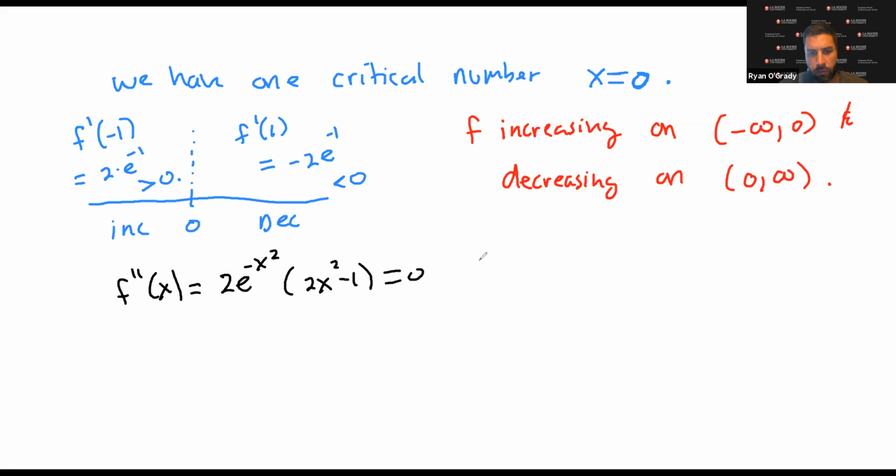This equals 0 when x equals plus or minus, solving this, 1 over the square root of 2. So we can make a sign chart for that: -1 over root 2, positive 1 over root 2.